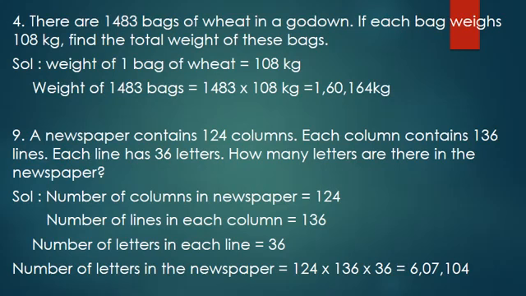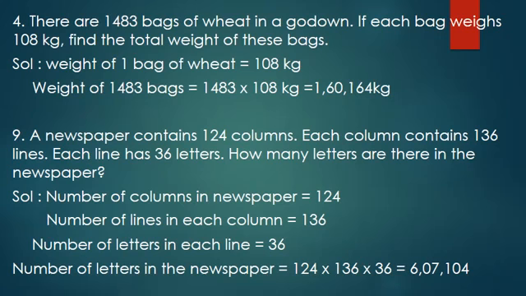Now come to question number 9. A newspaper contains 124 columns. Each column contains 136 lines. Each line has 36 letters. How many letters are there in the newspaper? So children, here 3 numbers are given and you have to multiply all the 3 numbers. And the steps should be like this. Number of columns in a newspaper is equal to 124.